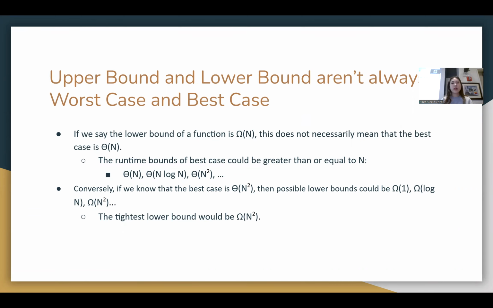And vice versa, even though our best case is big theta n squared, our lower bound can be equal to that or smaller than that. So our lower bound can be big omega 1, big omega log n, or big omega n squared. It can be smaller than the best case.